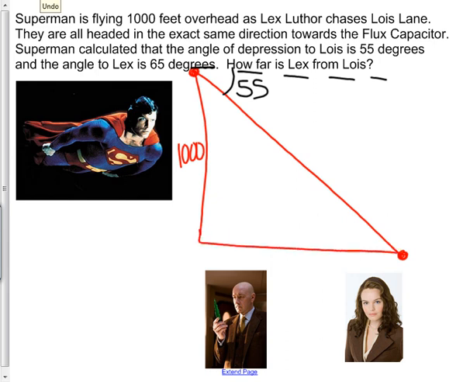So what is 90 minus 55? 35. So we have that angle, and we have that side. We need to find this side length, how far Lois is. Can you figure that out? How would you do that?